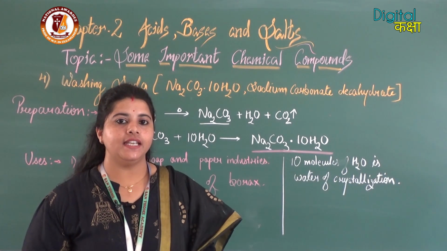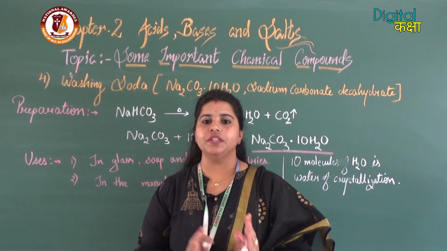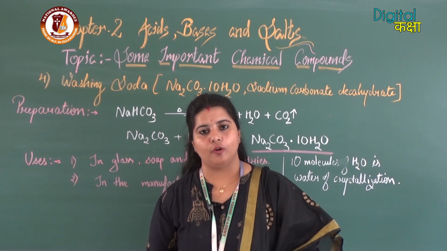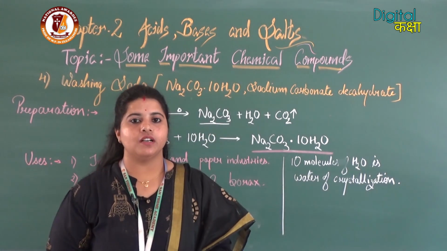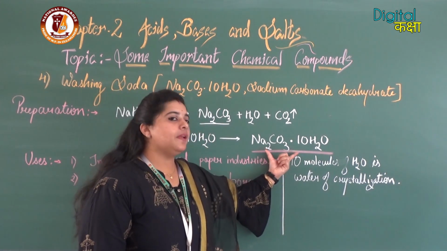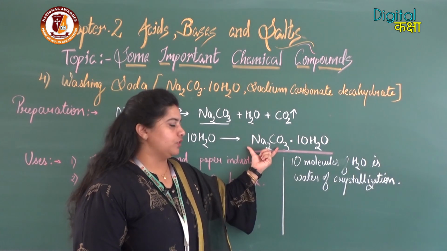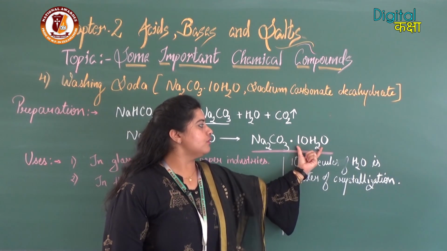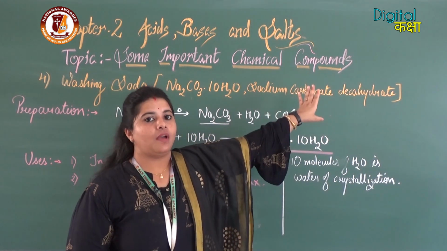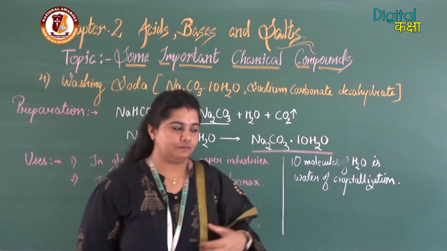When it is heated, the 7 molecules of water present with ferrous sulfate are evaporated and the salt becomes anhydrous. Similarly, if washing soda is heated, we will get Na2CO3 and the 10 molecules of water will escape. So we will get anhydrous washing soda.